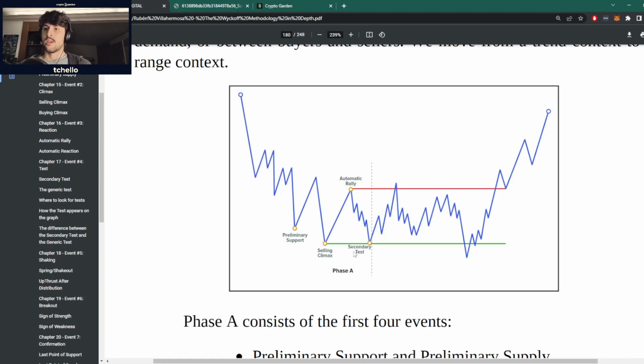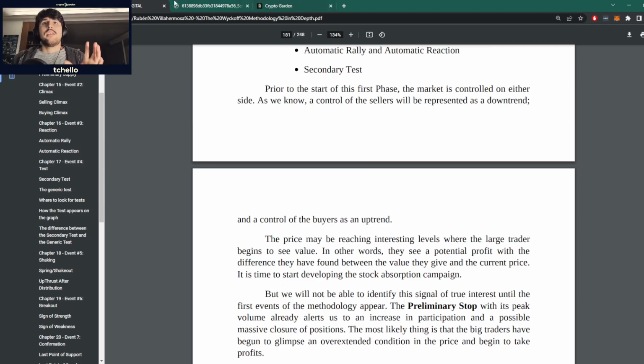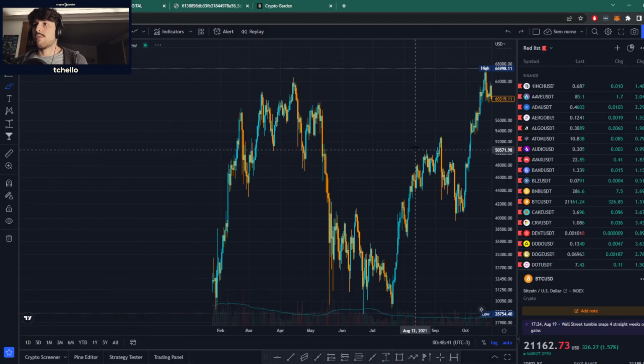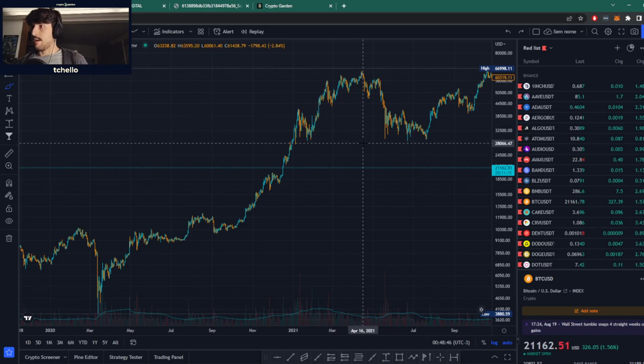All right. Okay. So the trend is basically the control of buyers and sellers. Of course, in the real world, there is a lot more to talk about, right? It's not just buyers in control and sellers in control, but in this specific context, it is useful to think about it like that, just for the purpose of simplification.